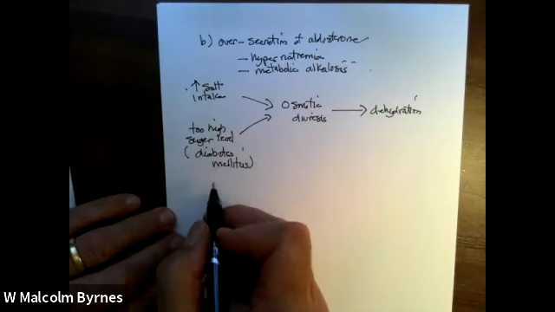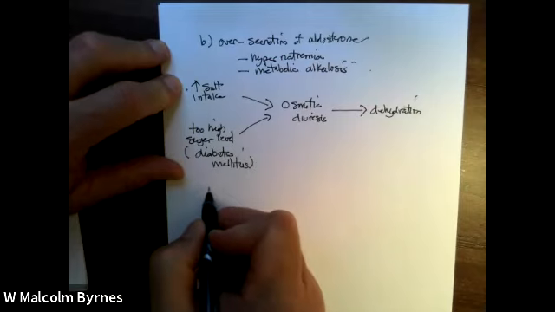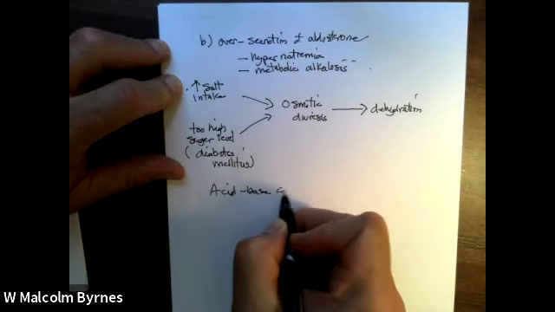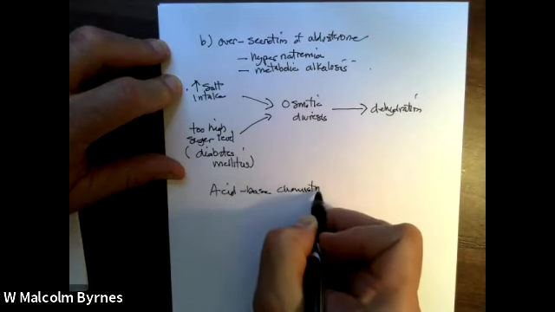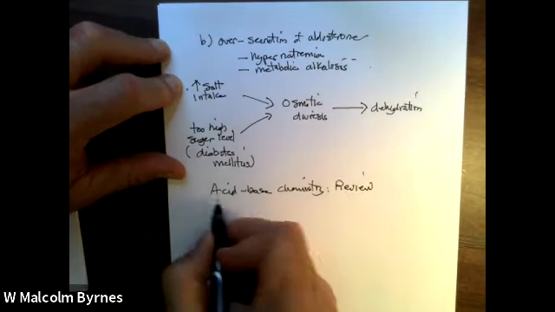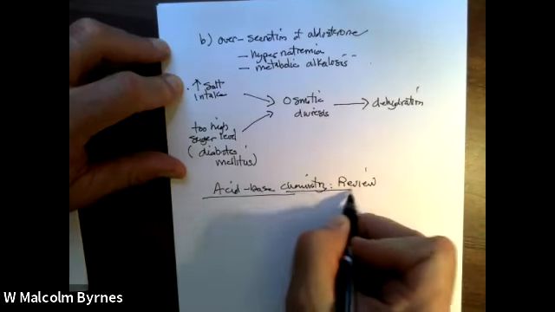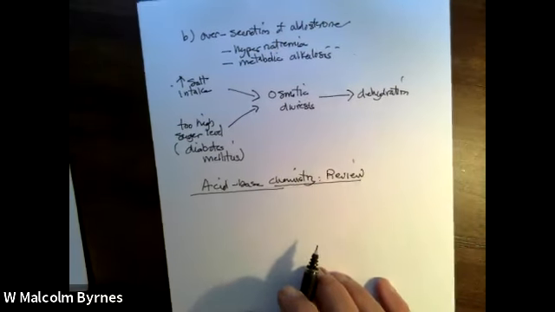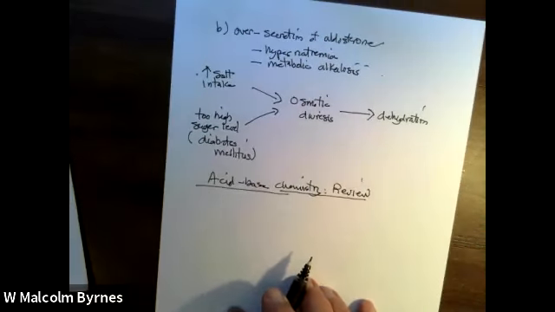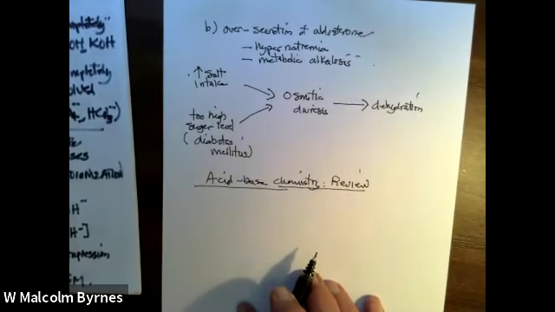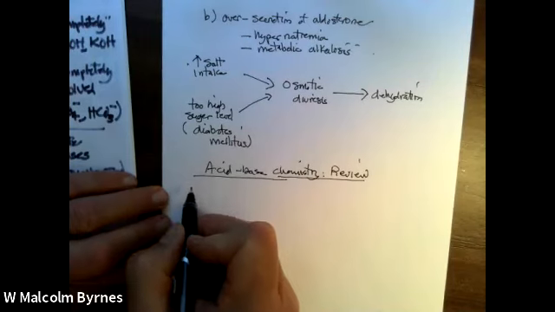And so I want to give a review of acid-base chemistry. Okay, review. And this is going to be basically what you've had in general chemistry in college. But I'm going to add on some more biochemically relevant information. So let's first look at some definitions.